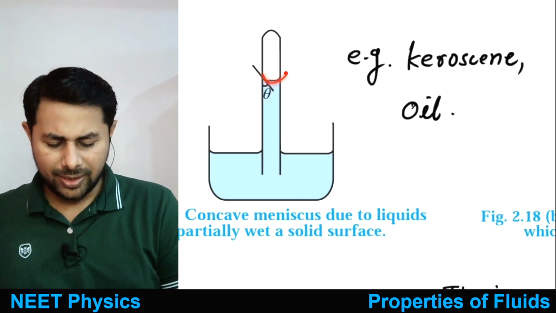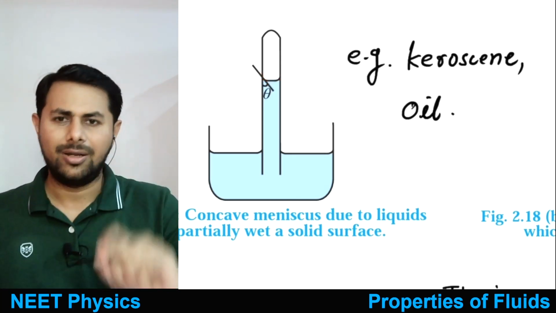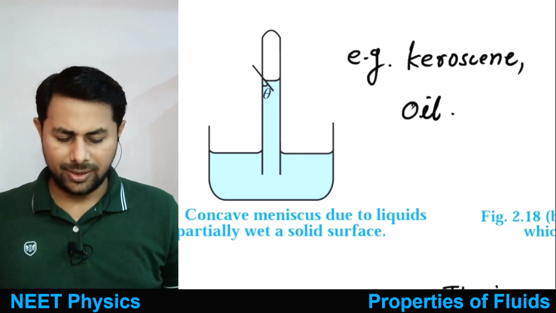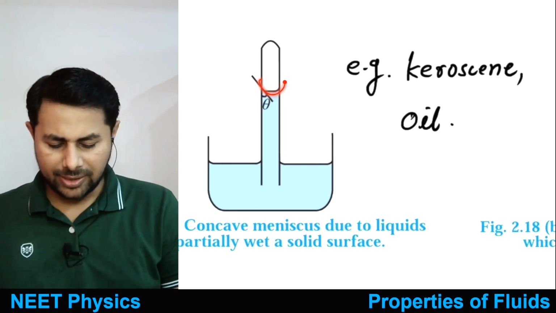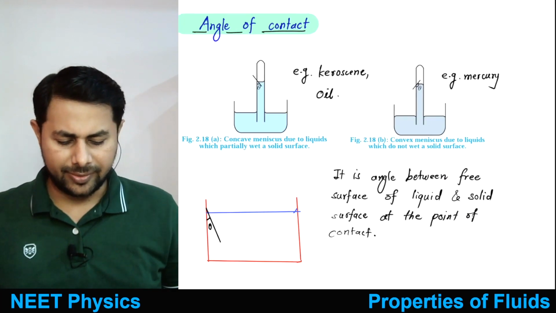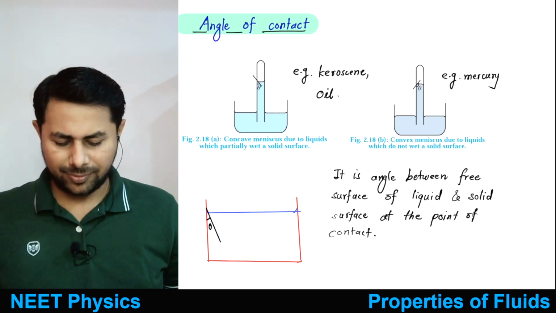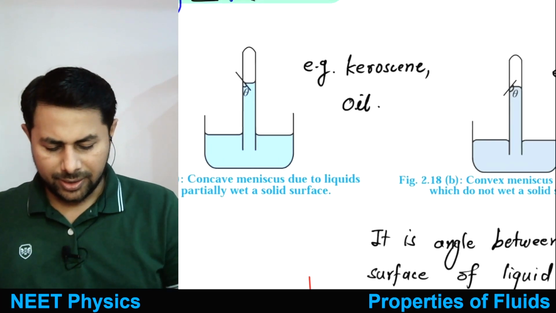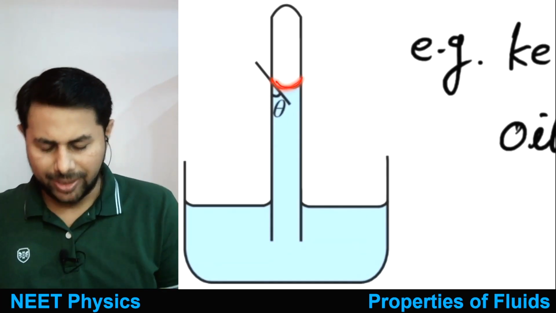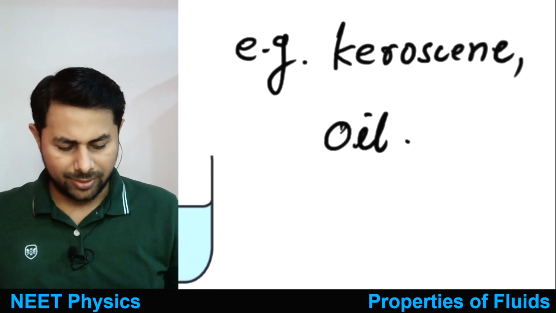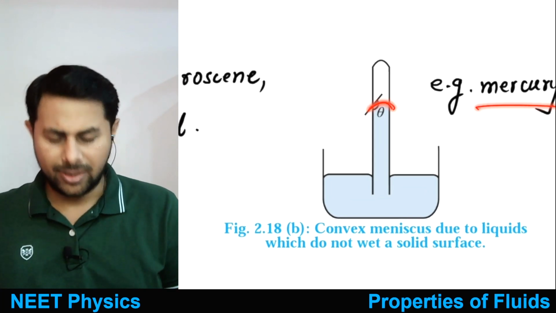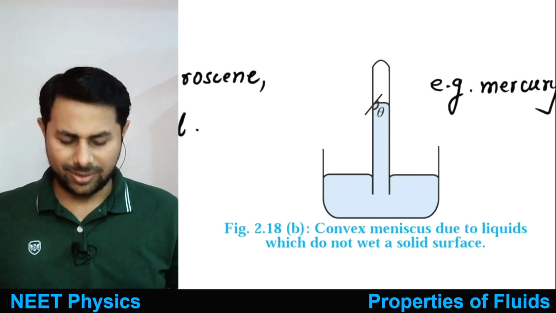It makes either a concave meniscus like this, or a convex meniscus, or it might be flat. For example, kerosene oil will make a concave meniscus in the test tube, while mercury will make a convex meniscus.